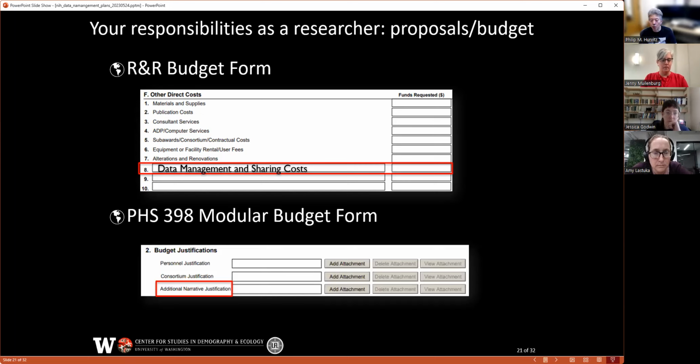And then also on the PHS 398 modular budget form, there you would include parts of your plan. I'm not exactly sure on this, whether the data management and sharing plan goes in this as an attachment. I think once you start looking at the documentation on data management sharing plans, it should be clear how that is attached to your proposal.